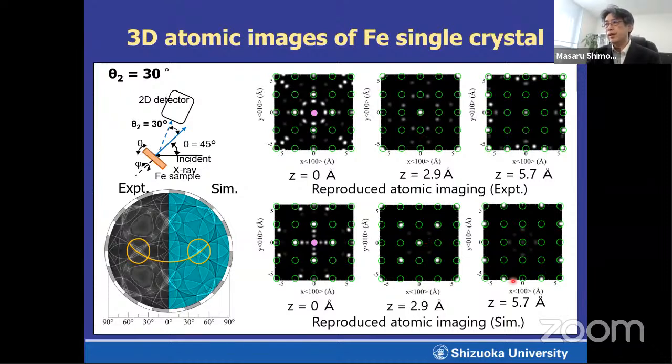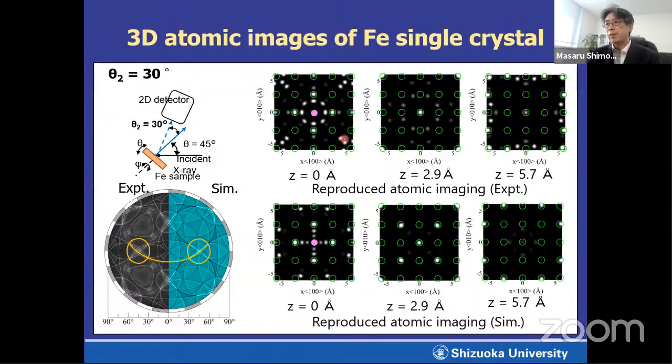And interestingly, in this plane, the far atoms like them are also reproduced. In addition to that, this atom is also reproduced. However, for example, here, no atoms are reproduced.